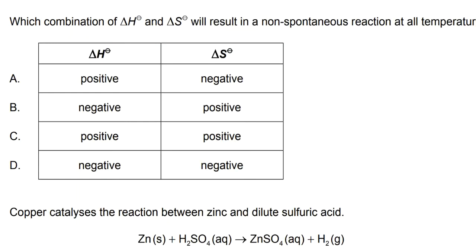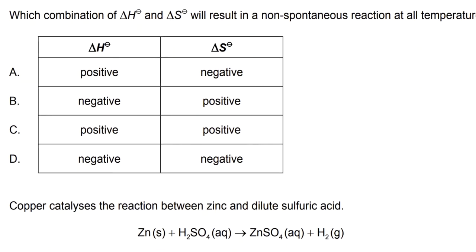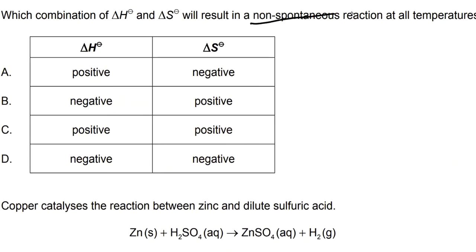Which combination of delta H and delta S result in a non-spontaneous reaction at all temperatures? Delta G determines spontaneity, and it's defined as delta H minus T delta S. When delta G is positive, it is non-spontaneous.